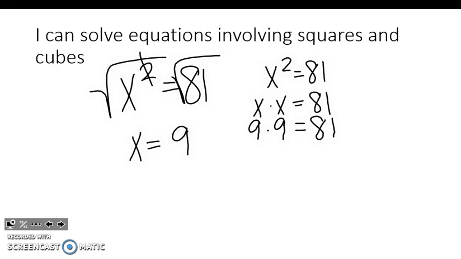A positive times a positive equals a positive, but a negative times a negative will also equal a positive. So think about that for a second. 9 times 9 equals positive 81, but so does negative 9 times negative 9, because two negatives also equal a positive answer if they're multiplied together. Because they're asking us for all the possibilities for x, if x was being squared and set equal to 81, we have to tell them that x could equal 9, but it could also equal negative 9.